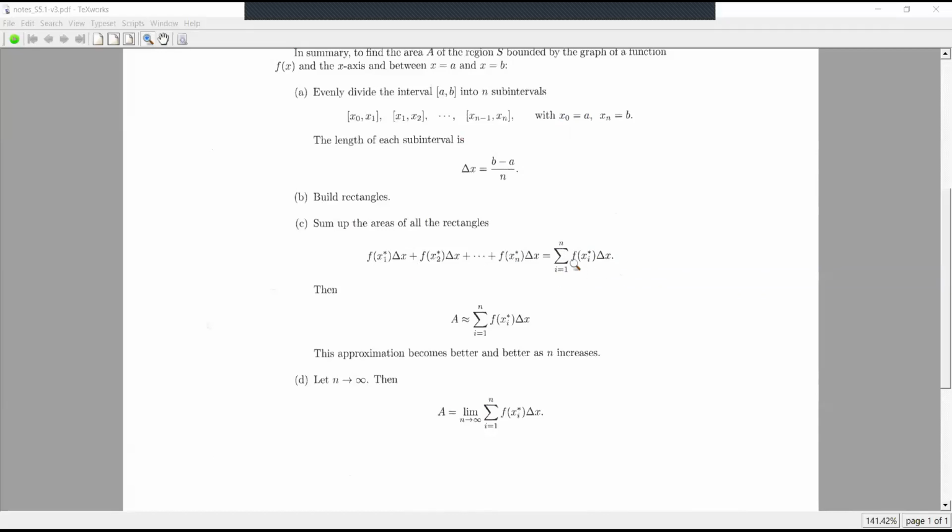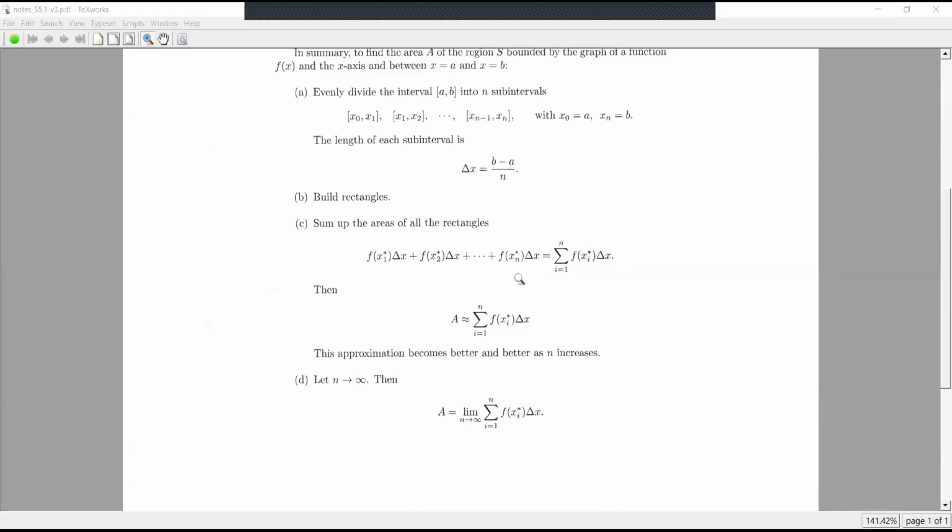When i is 2, the general term is the second term. When i is n, the general term is the last term. So sigma means summation on the general term with i going from 1 to n. Use this shorthand notation to denote this sum.